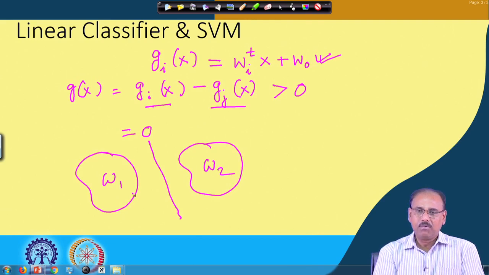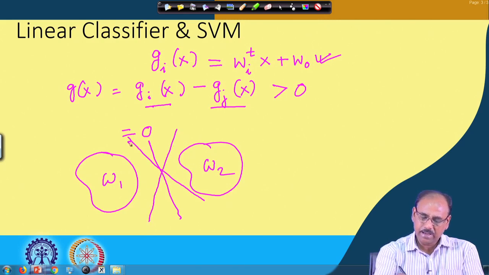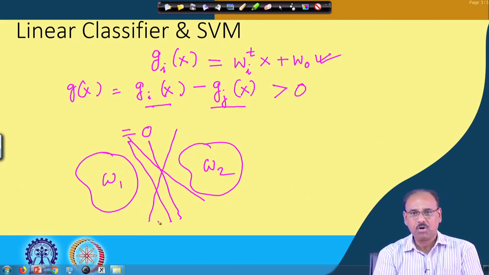And we have seen while designing the linear classifier that this straight line is not unique. I can have a line over here, a line here, a line here, and so on. So, there are multiple solutions possible. Out of these multiple separating planes, some give you a lesser margin, some give you a higher margin.